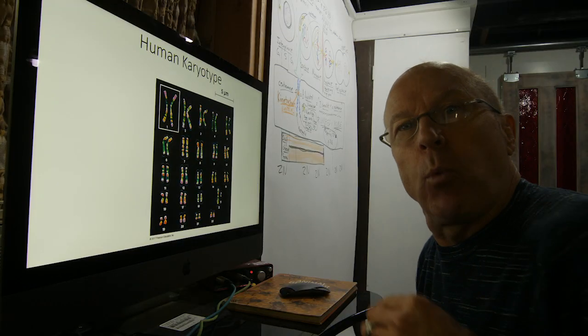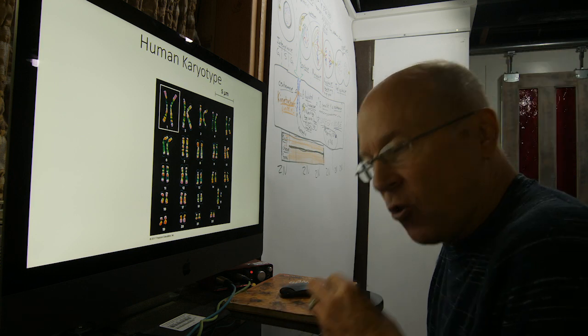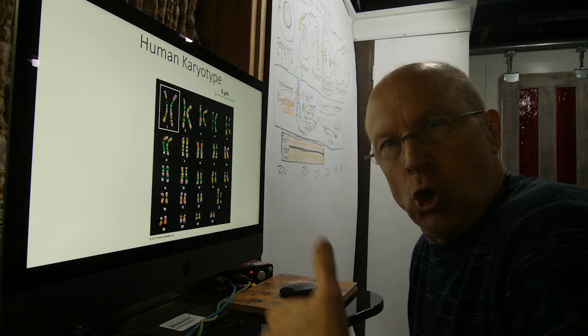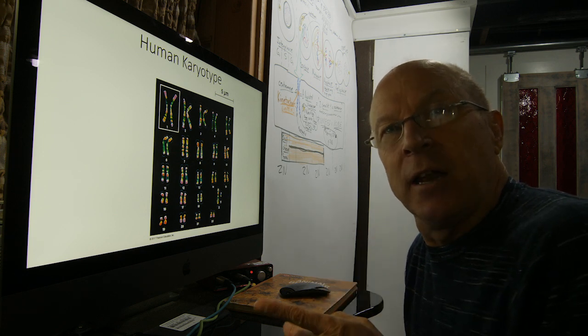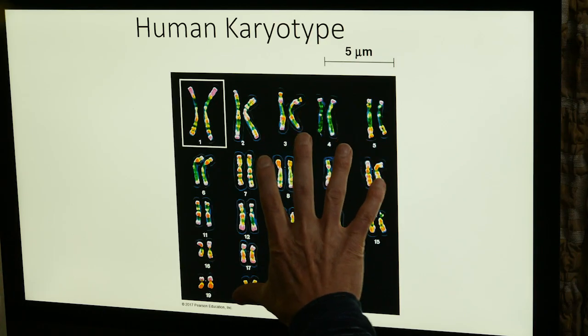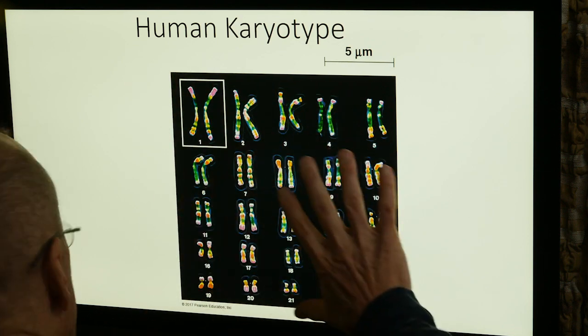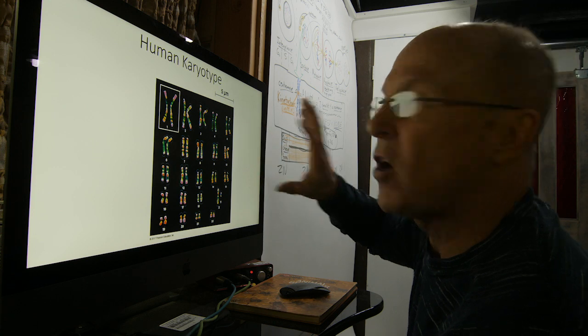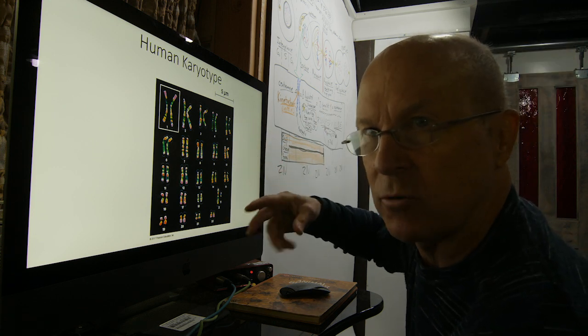Okay, our next one. I told you that we were going to take a look at the human karyotype. And the human karyotype is a grand example of us being able to use our formula for ploidy, which was X times N equals total. So this is a human karyotype. Let me first tell you how this was obtained. This is obviously a very high quality photomicrograph, in other words, a picture taken through a microscope.